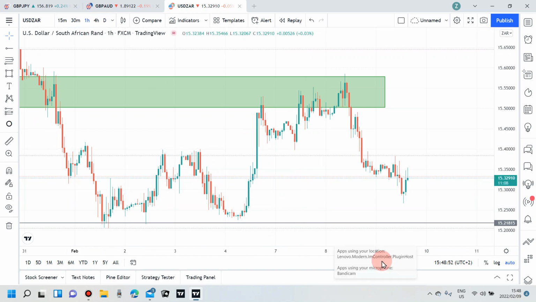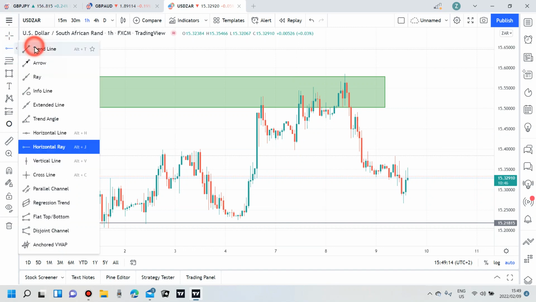So now that you know how to identify support and resistance, how would you enter a position or a buy or a sell or a trade? Okay, I'll first show you what the market gave us.